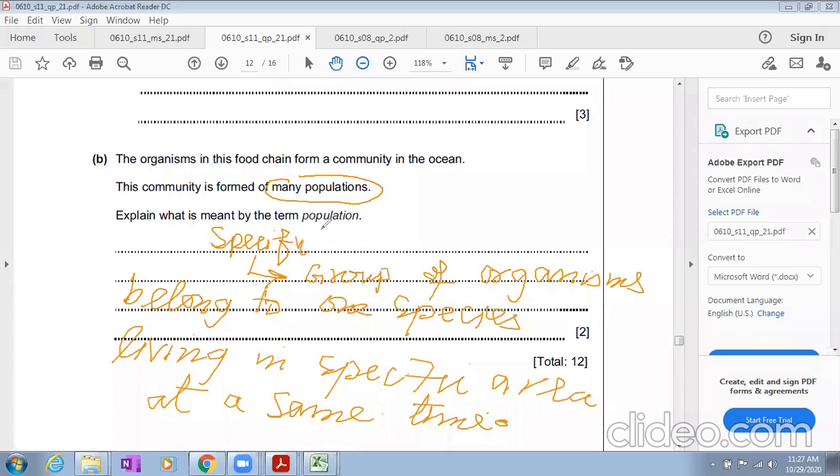We call that a population. At the same time is a must. It is not that you count organisms that remained here for 10 years before. No, they are living at the same time.